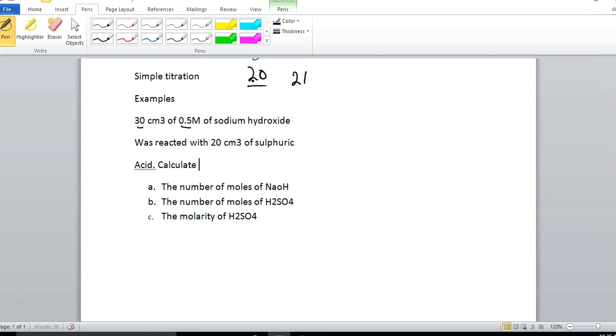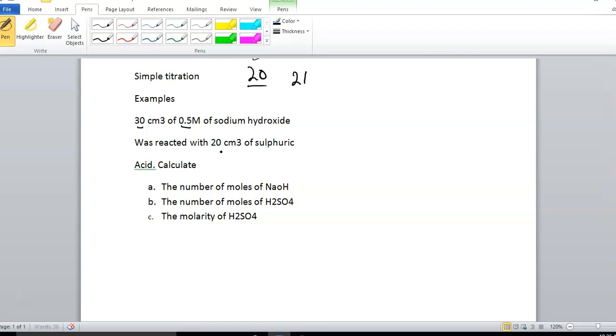The last example in lesson 20 gave us the volume and molarity of the base, sodium hydroxide, and the molarity of the sulfuric acid. Then we calculated the volume of the sulfuric acid.